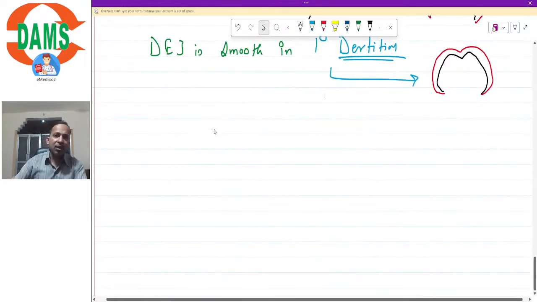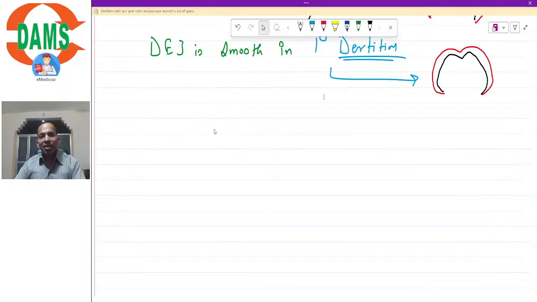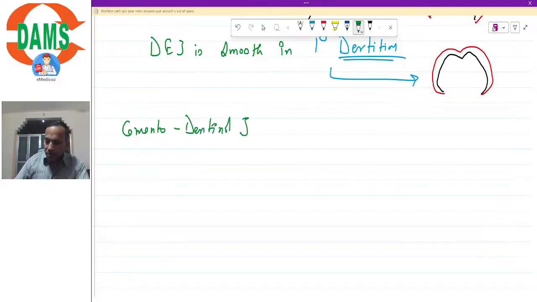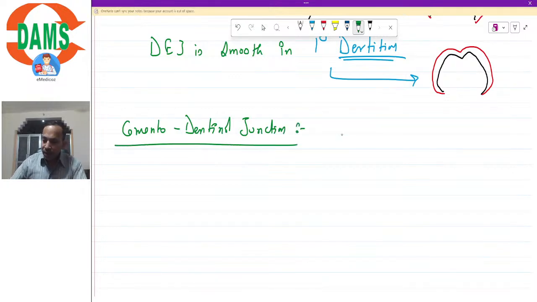Now, since we are discussing the junctions, the dentino-enamel junction, let's discuss the cemento-dentinal junction here as well. The junction between cementum and dentine, let's say this is the root, then over it we have cementum, isn't it?